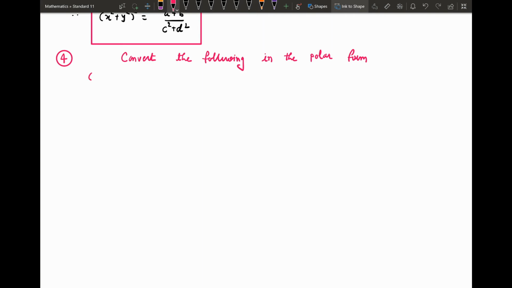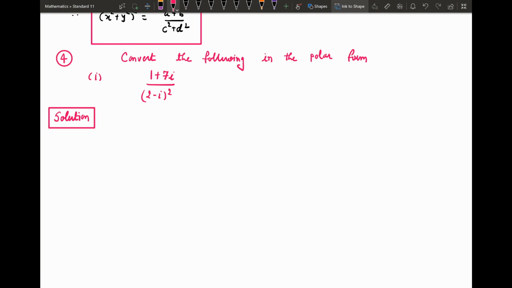First one is 1 plus 7i upon 2 minus i, whole square. Solution.